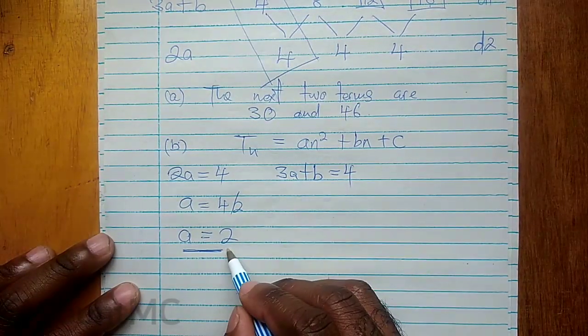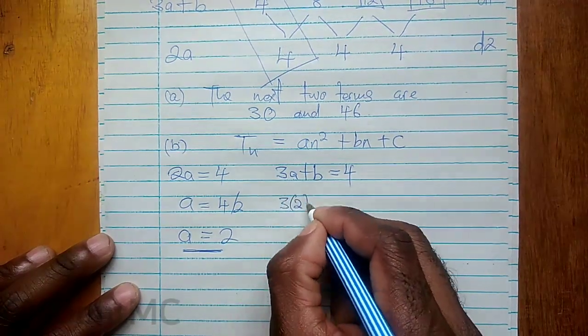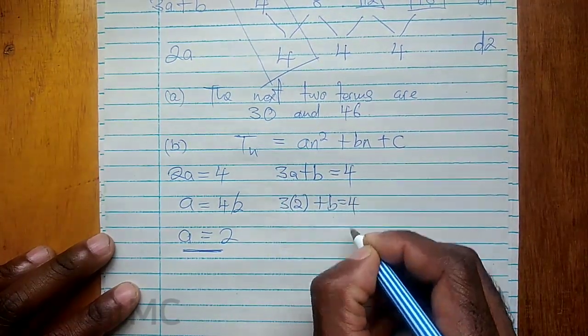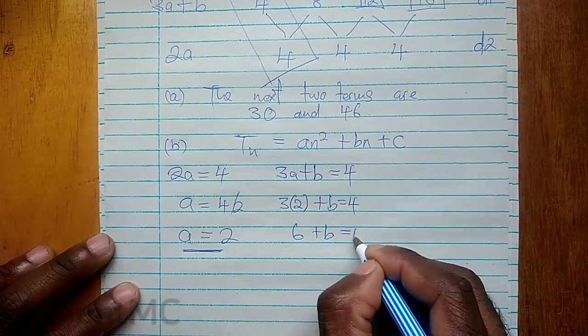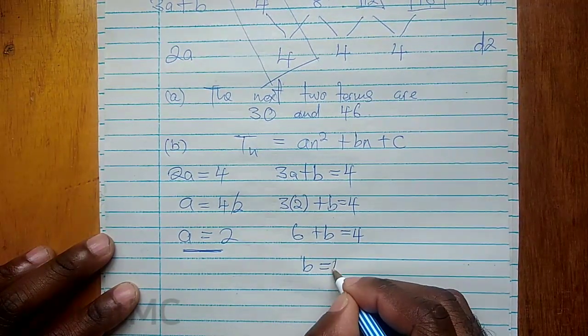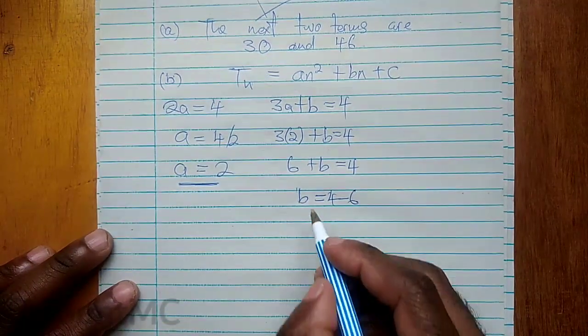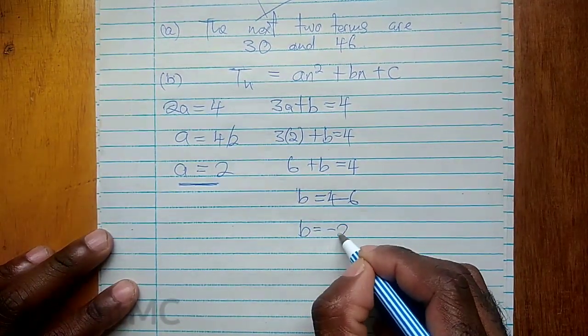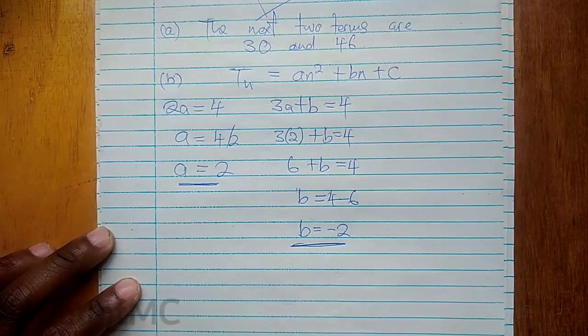We have A, it's 2. B is equals to minus 2.